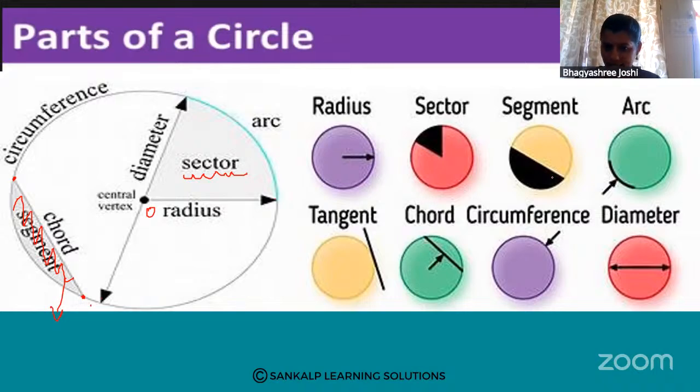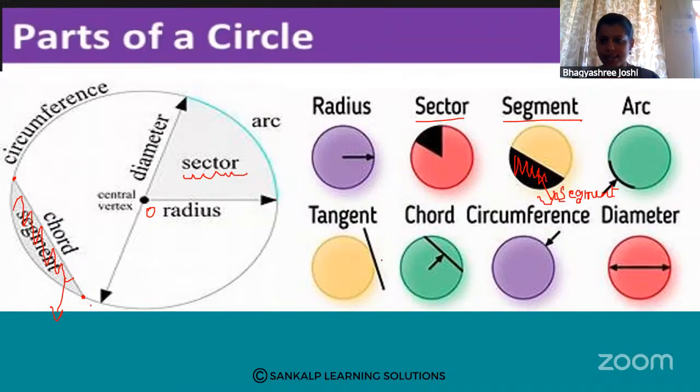See here, this is a chord and this is an arc. The area enclosed between the chord and the arc is called a segment. So in this chapter, we are going to learn about areas related to sector and segment. So this part is very important.